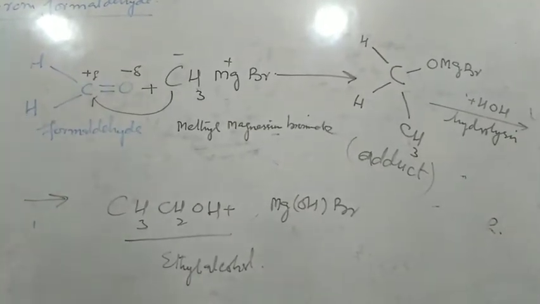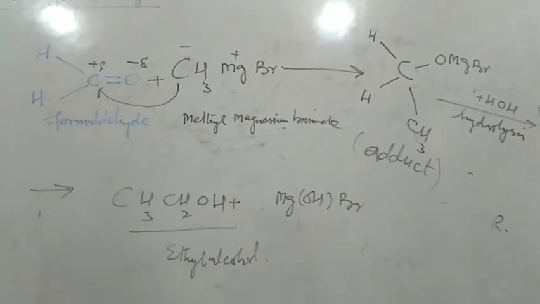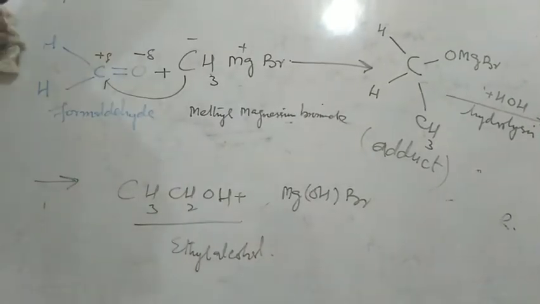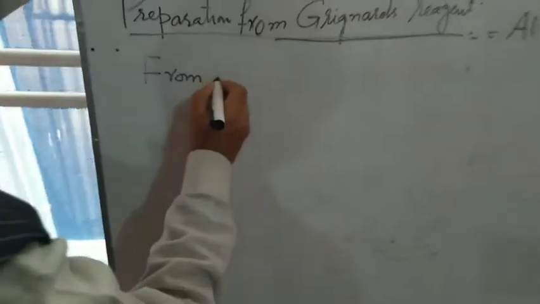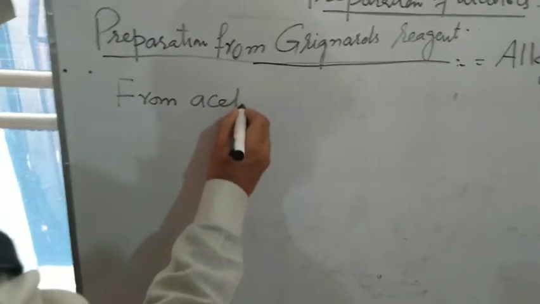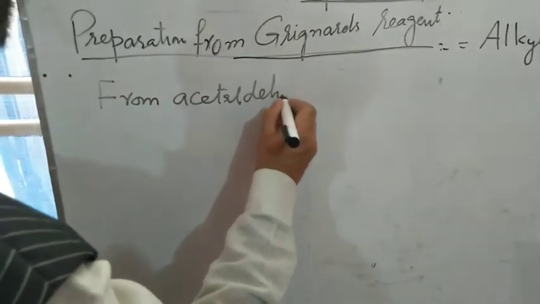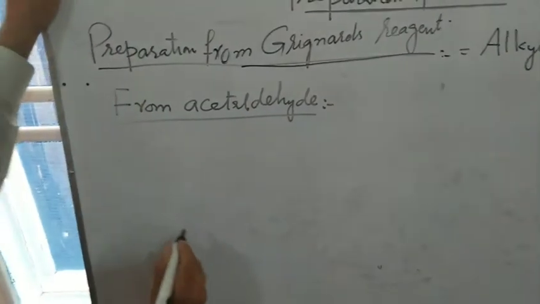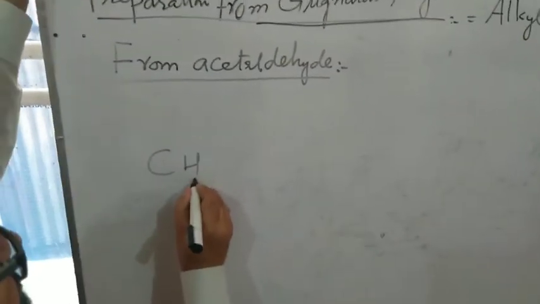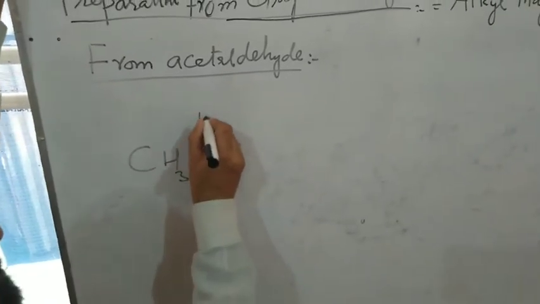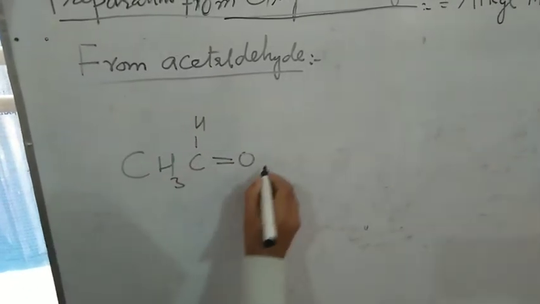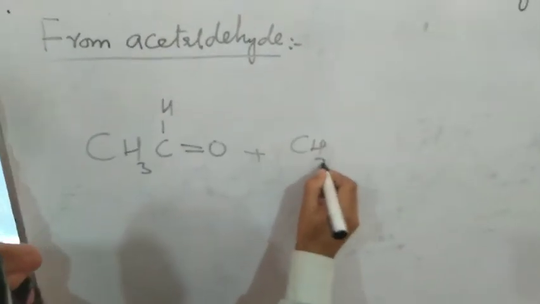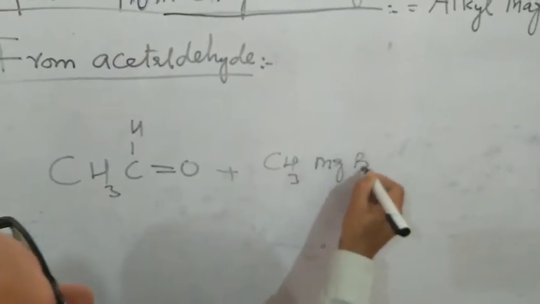Now I will take another aldehyde, let it be acetaldehyde. Now we will take the higher aldehyde, acetaldehyde. Here it is CH3CH double bond O, acetaldehyde, plus let me take CH3 methyl magnesium bromide again.